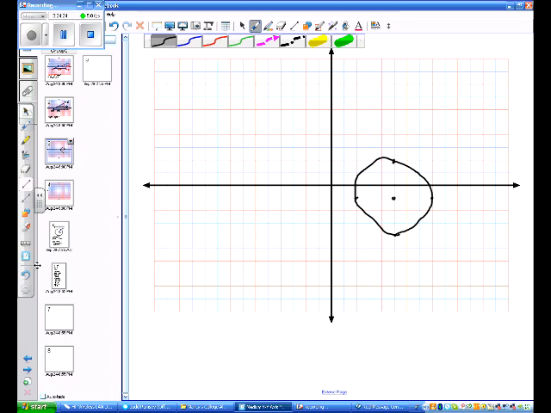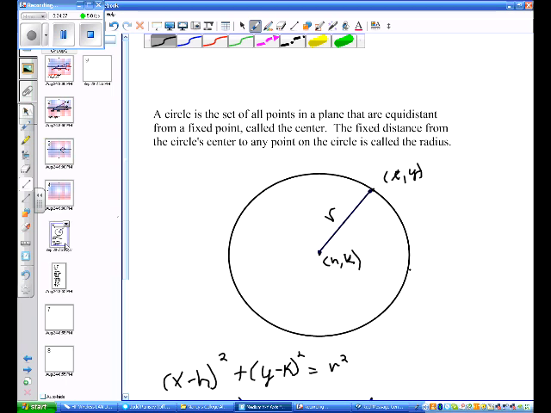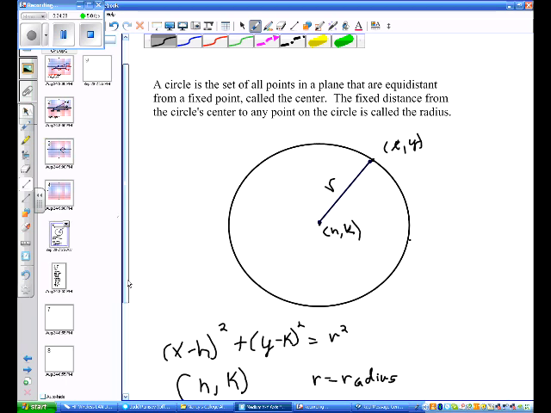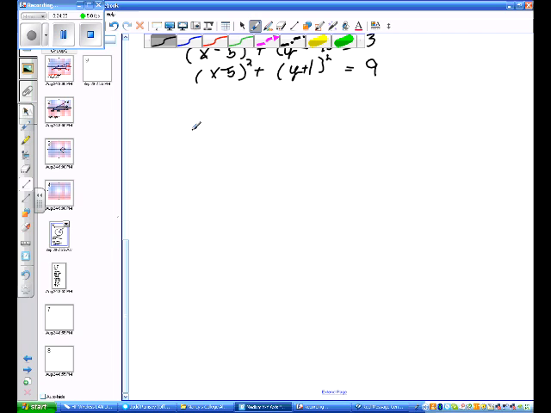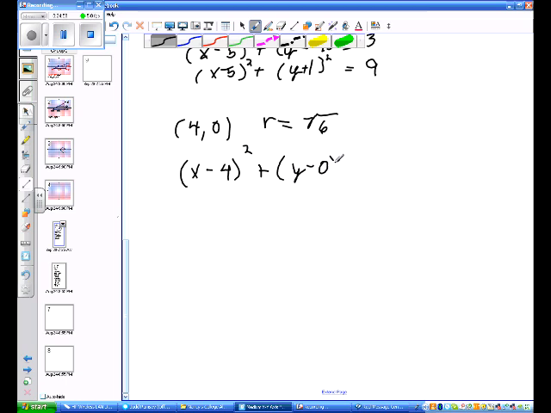Okay, let's look at another one. Let's say that we have a circle, and the center's at (4, 0). And we have a radius of square root of 6. Okay, our equation is going to be x minus h, which is our x value, squared, plus y minus k squared equals our radius squared.